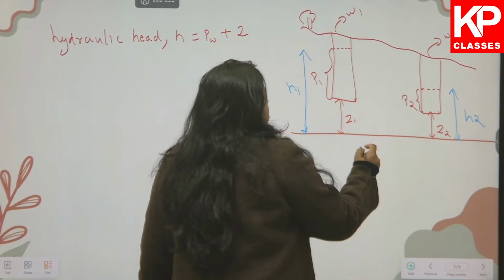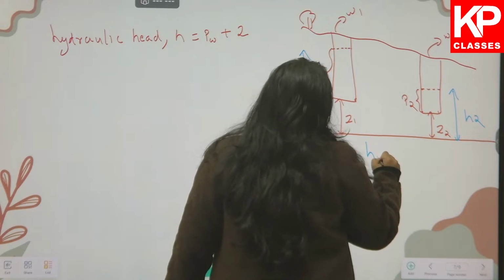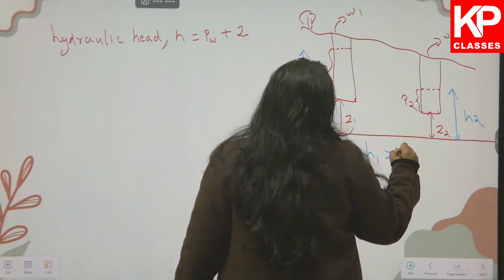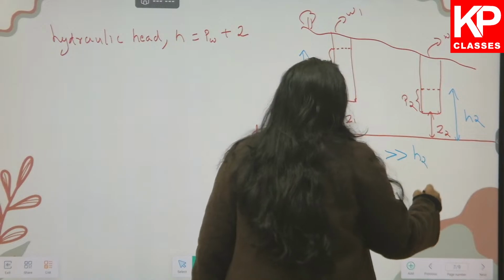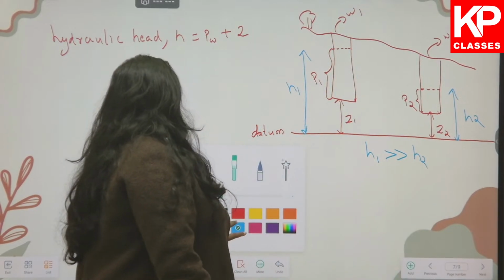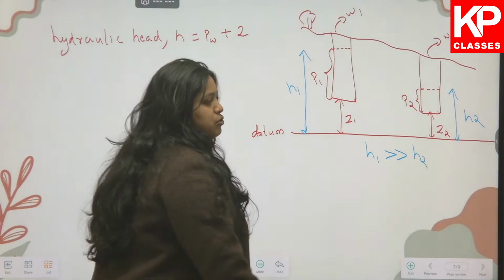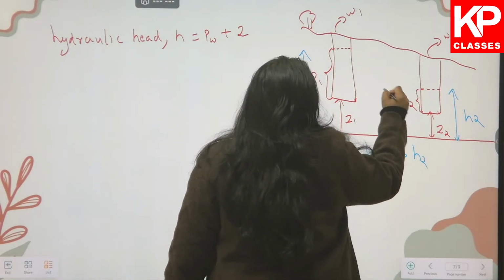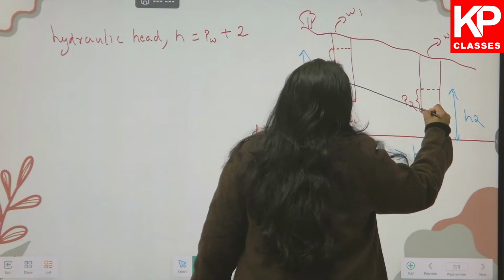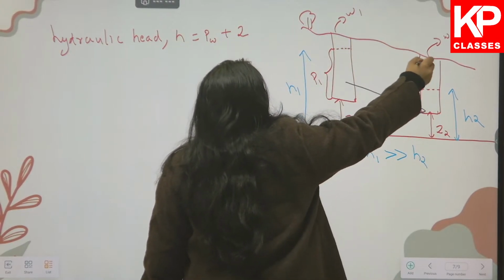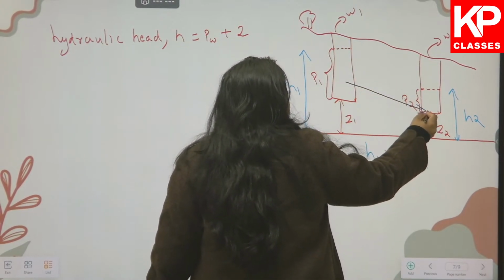So from this image we know that the hydraulic head of well number 1 is much greater than the hydraulic head of well number 2. So there is a difference in hydraulic head between well number 1 and well number 2. So obviously groundwater is flowing from this location to this location. Groundwater flows from higher head to lower head.